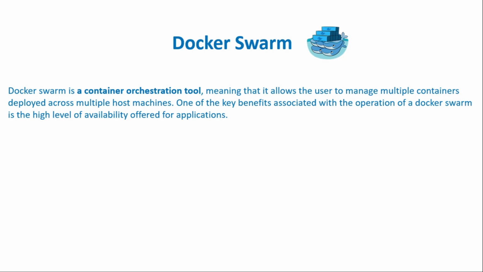If you are using Docker Swarm, your container will not be down for long. Even if a container goes down, your service will not be hampered. Your application runs and stays live as much as possible. In this case, Docker Swarm provides us a high level of availability for applications.